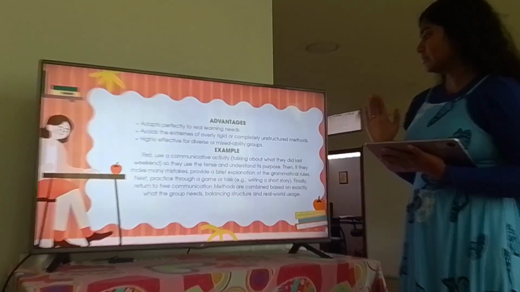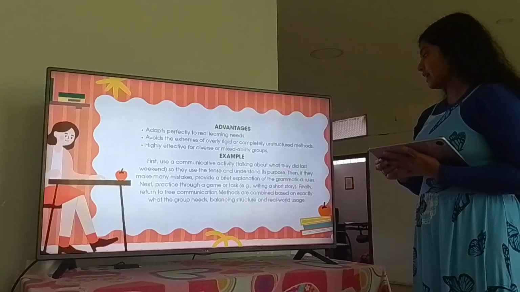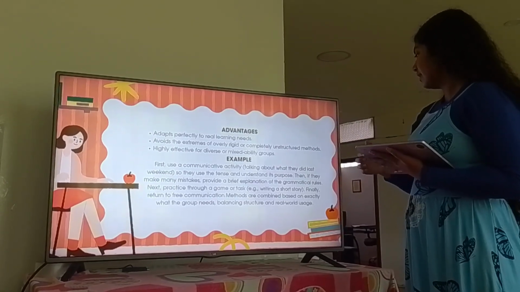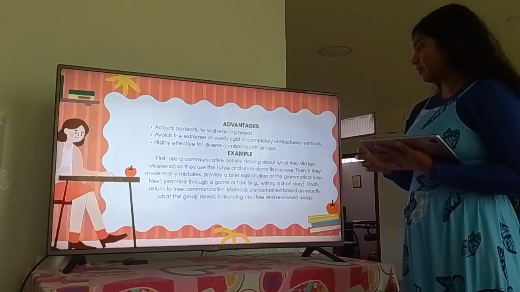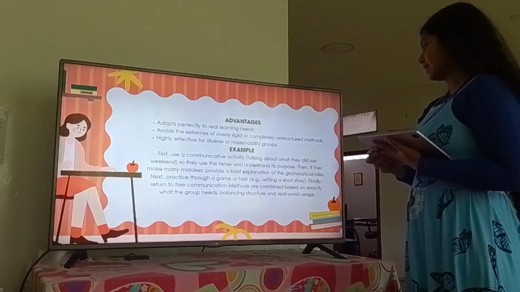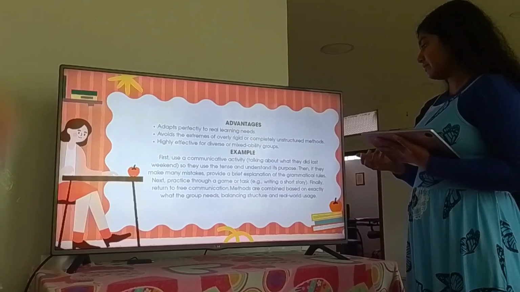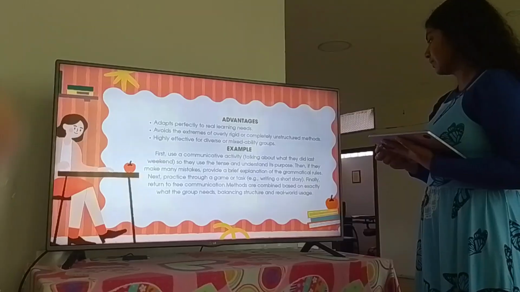Next, practice through a game or task using a short story. Finally, return to the communicative methods. The methods are chosen based on exactly what the group needs, balancing structure and real-world use.